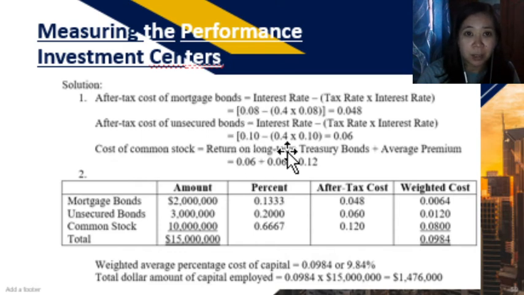For the unsecured bonds, our interest is 10%, just like your mortgage bond. We'll adjust it with its tax deductibility. So therefore, from 10%, it's now 6%. For the equity, they have the common stock, so this is 12%.